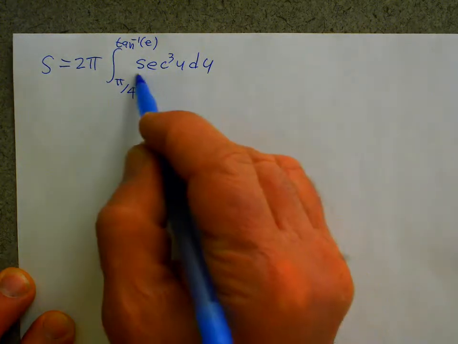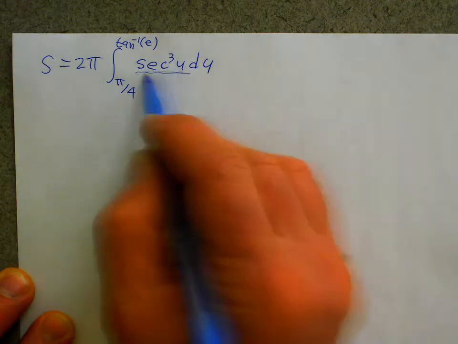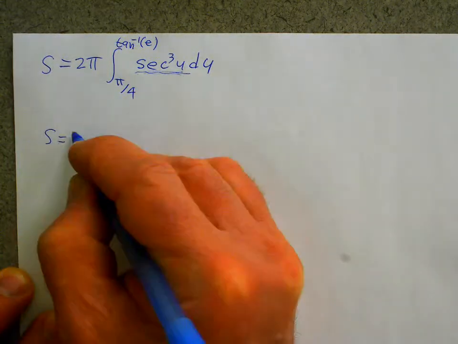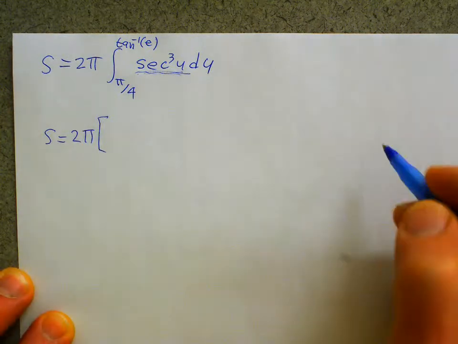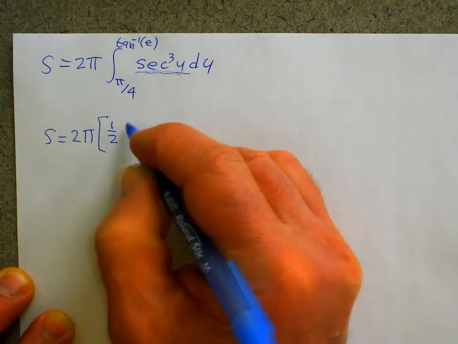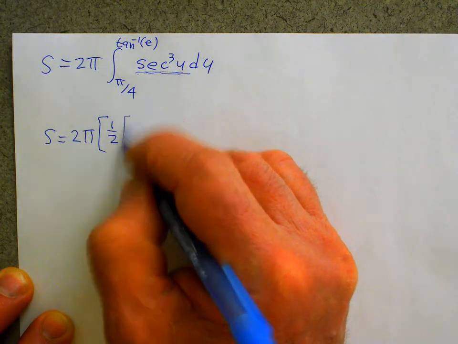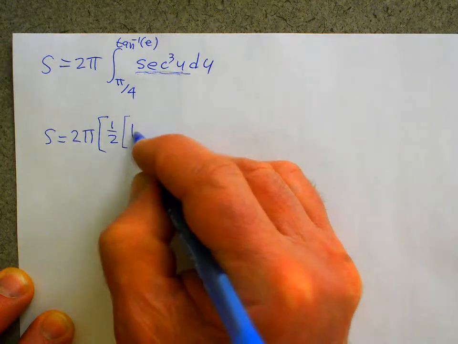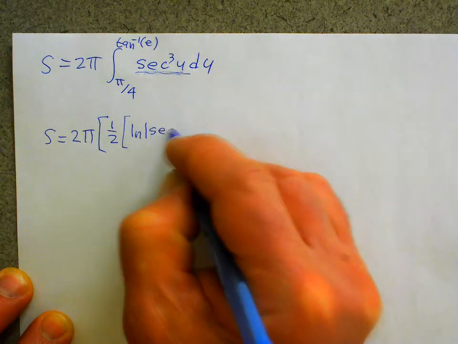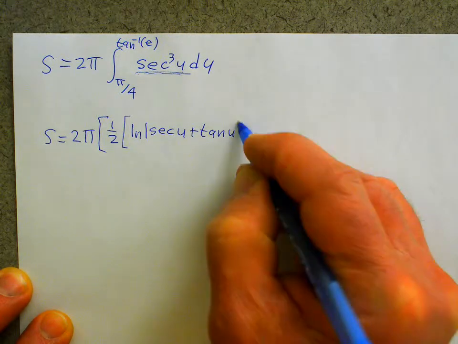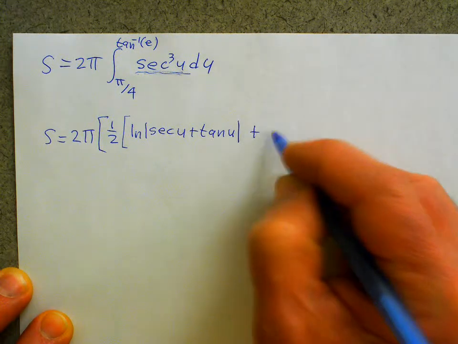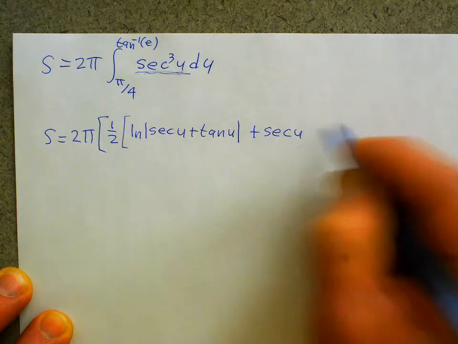Okay, so I'll just remind you of what an antiderivative of secant of u to the third is. So this will be s equals 2 pi. And then we get 1/2 times the quantity, the natural log of secant of u plus tangent of u, plus the product of secant of u and tangent of u.